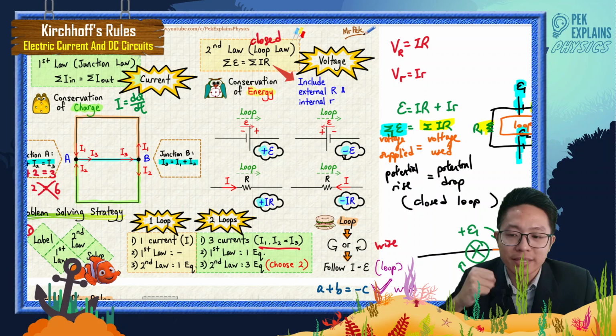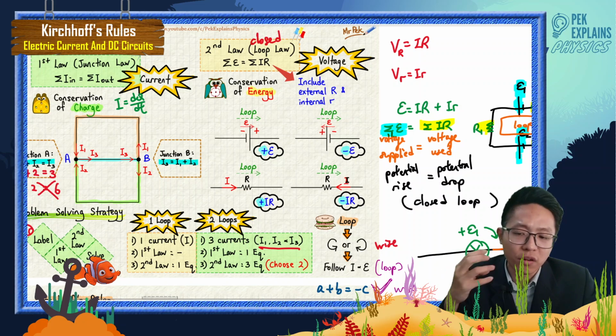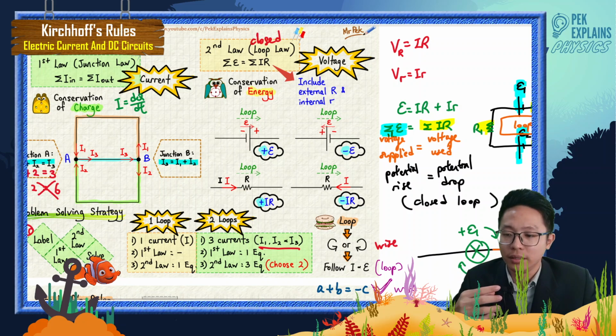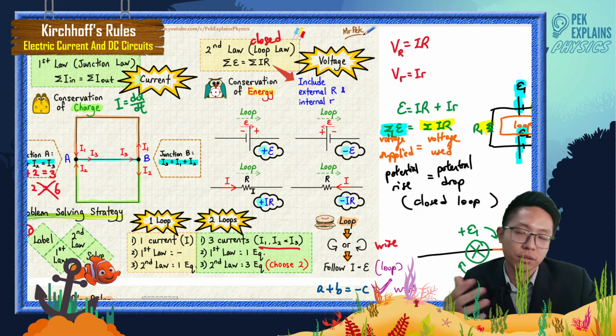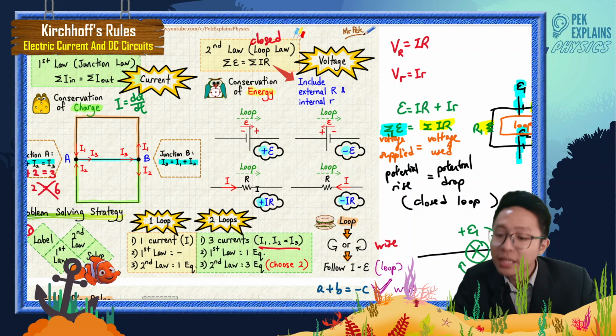We try to avoid negative E and negative IR, because calculations that involve negative values tend to be harder. We like positive E and positive IR more. Try to choose the loop direction that is the same as the majority of EMF, and also the same as the majority of current passing through the resistors. Understand?